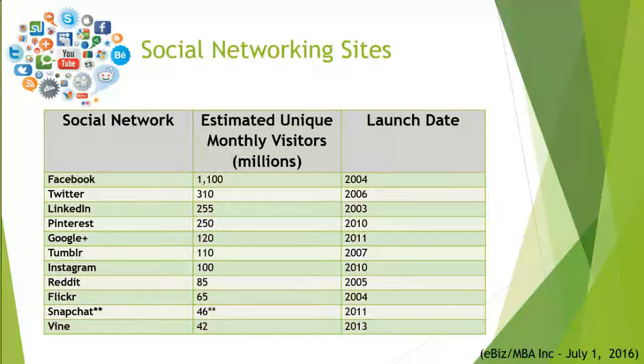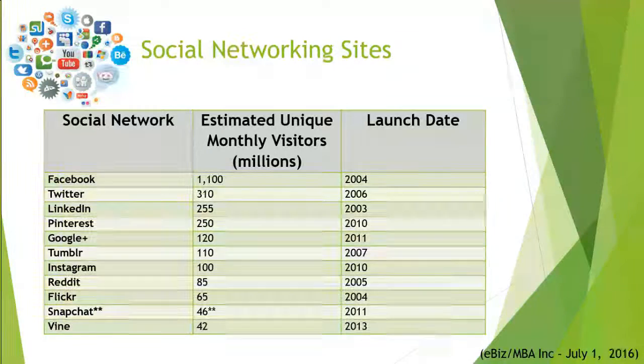What we are looking at here, in the first column, is the name of the social network, and you've probably heard of most of these, if not all of them. In the middle column, you'll see their estimated unique monthly visitors, and these are in millions. This data is as of July 1st, so it's very recent.